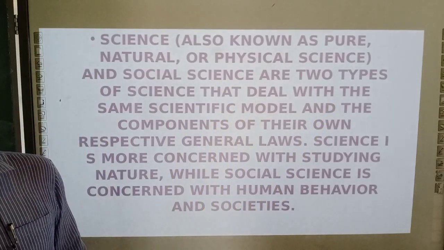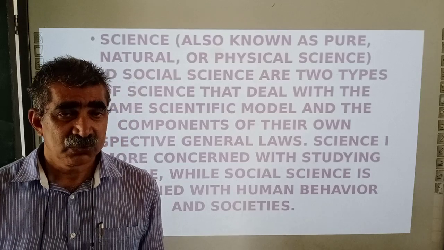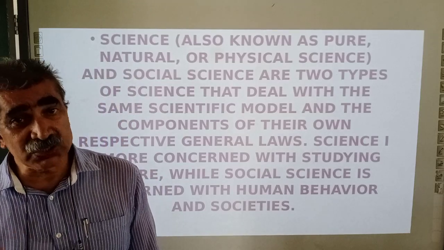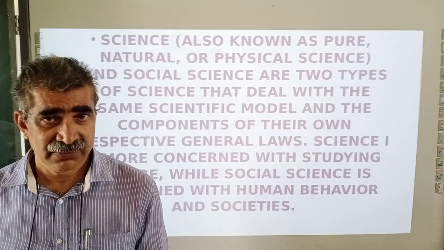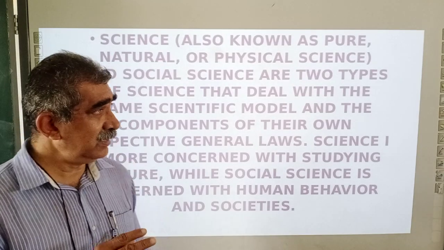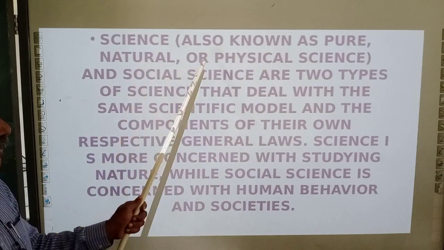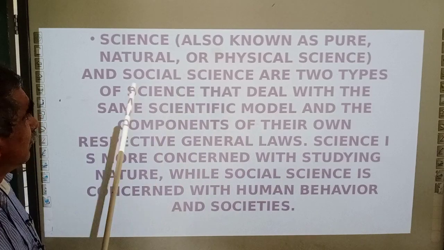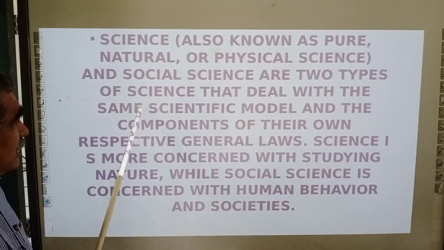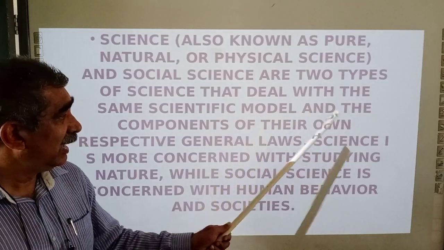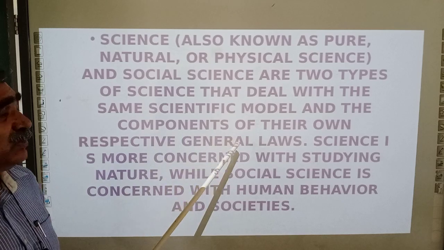You know, there is another science, natural science. So what is the difference between social sciences and natural sciences? See, here it is written: science, also known as pure or natural or physical science, and social science are two types of science that deal with the same scientific model and the components of their own respective general laws.